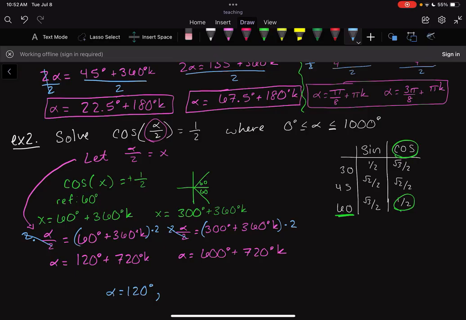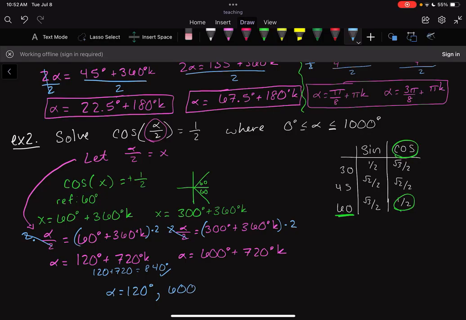So we would like to see, okay, is that going to be in my interval? So if I do 120 plus 720, that would give me 840. That's going to be in the interval, so I'm going to keep that answer. Now, if I add 720 again, I'm not going to be in the interval anymore, so that's going to be it.